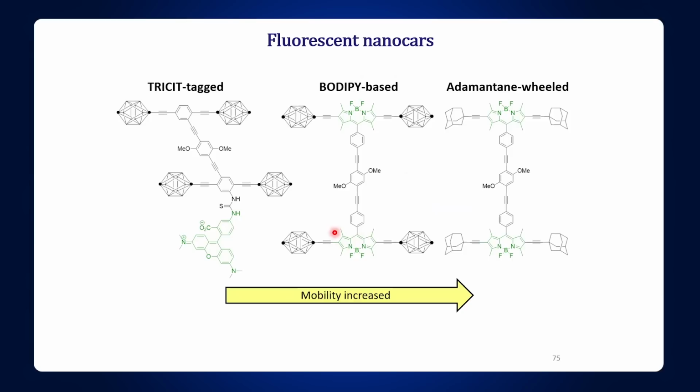So the fluorescent group, in this case a BODIPY, is really part of the car itself. It's part of the axle of the car. And then we changed the wheel structure, and when we have these different wheels on there, it would allow it to go faster.